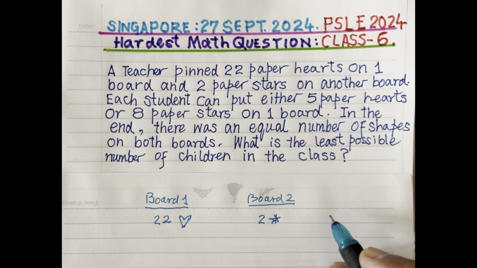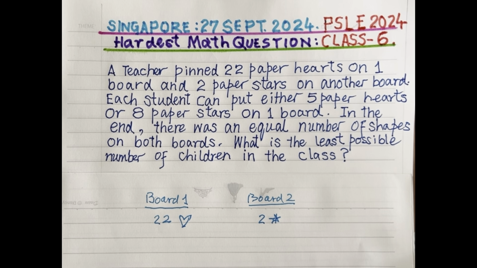So first we need to find the least number of each shape to be pinned so that the two boards have an equal number of them.